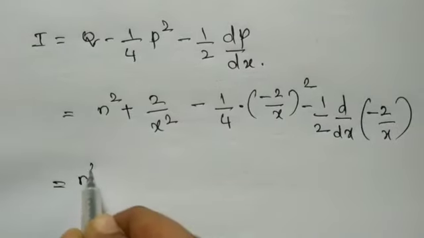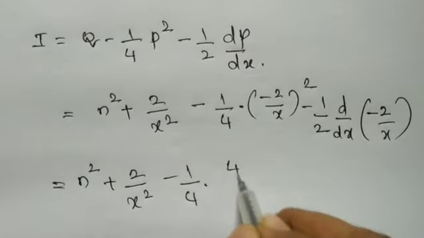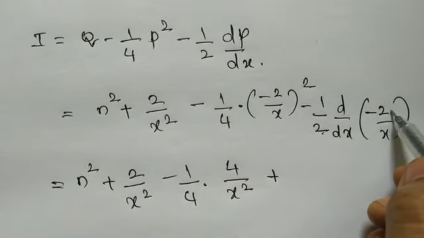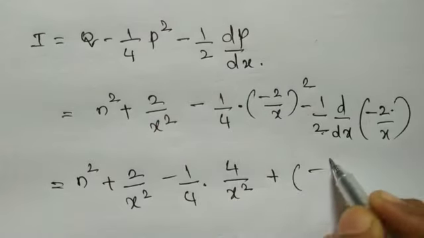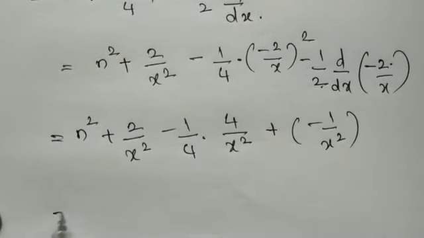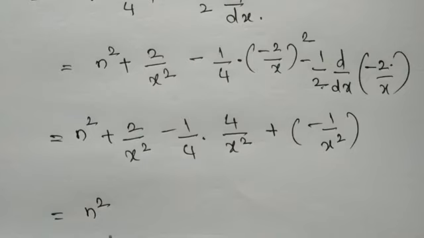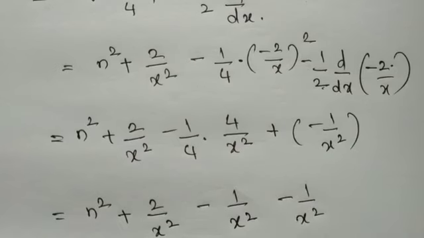So n square plus 2 by x square, minus 1 by 4 into 4 by x square, minus into minus plus, 2 cancel, d by dx of 1 by x, that is minus 1 by x square.